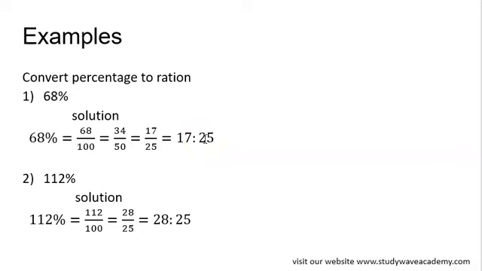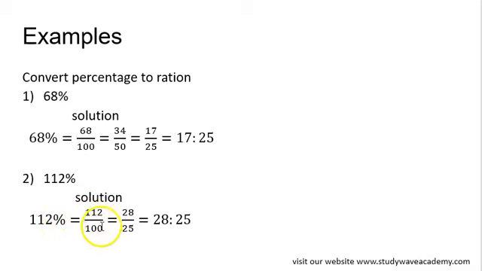Good, we did. So now we're going to move over to the next one. Here we have 112%. We have to convert this percentage to a ratio form, right? So how do we do that? We say 112/100. Remember, this sign represents 100. Okay?